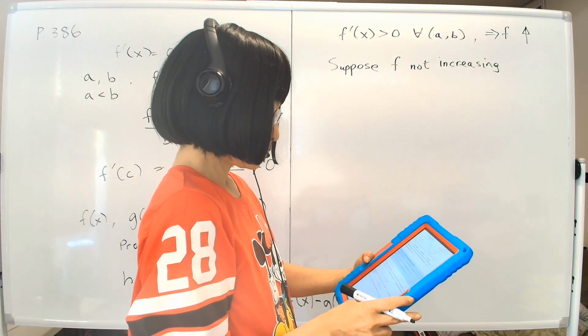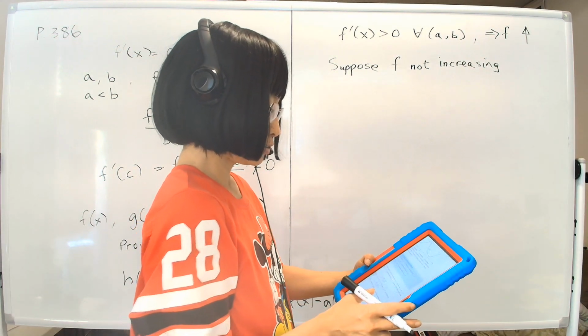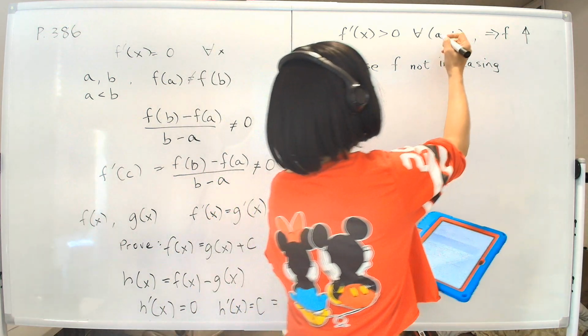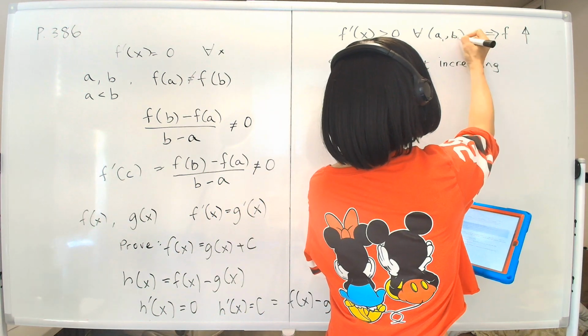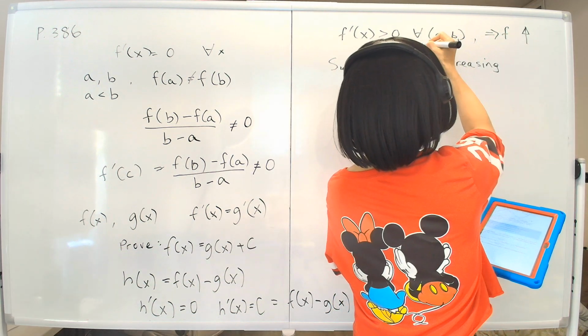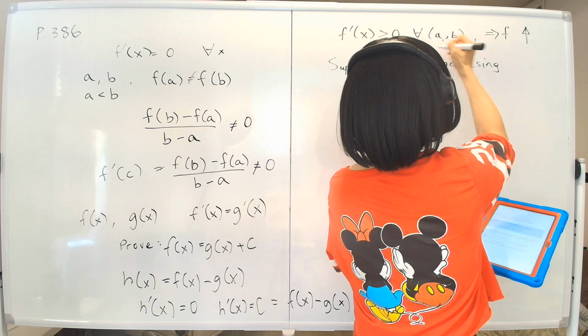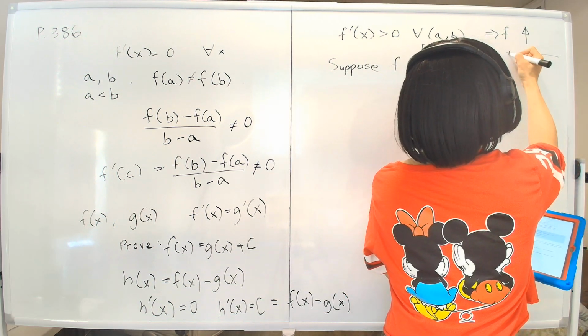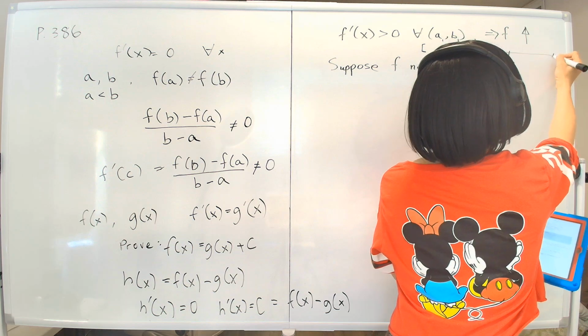Well, your book used the interval and then used two points. So the original a and b, we'll call it a1, b1. That's the endpoints, our entire interval. Here's our interval, it goes from a1 to b1.